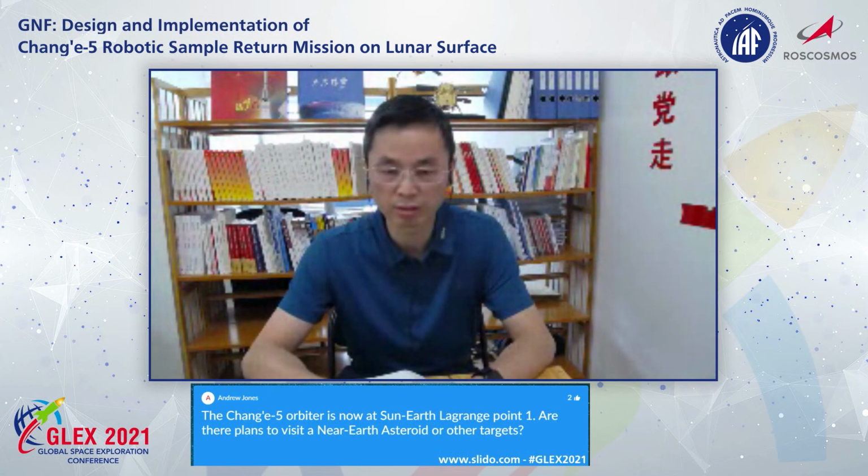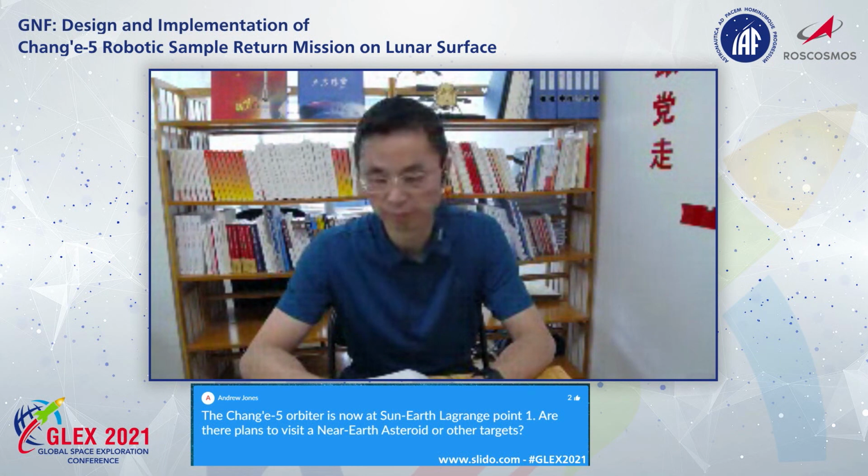But because there is little propellant left in the propellant tank of the orbiter, I don't think there will be many opportunities for it to perform more complex orbit maneuvers to visit other bodies.